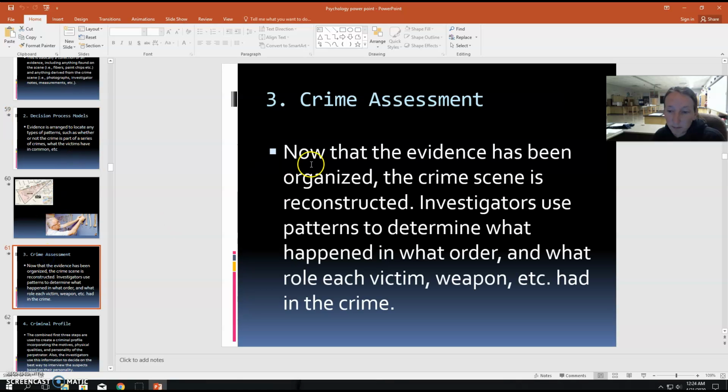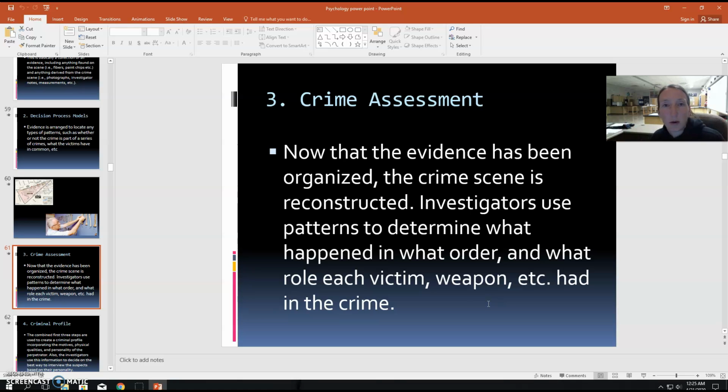All right, step 3. So this is the crime assessment. This is where you reconstruct the crime scene. This is where you'll see in Criminal Minds, they might walk around the crime scene and just visualize or discuss, oh, this is based on the blood spatter and the evidence, this is probably where a physical altercation took place. And then you come in, this is where maybe they sat down, or maybe this is where he held him ransom, or maybe it's where the sexual assault occurred, and then over here, and so on.